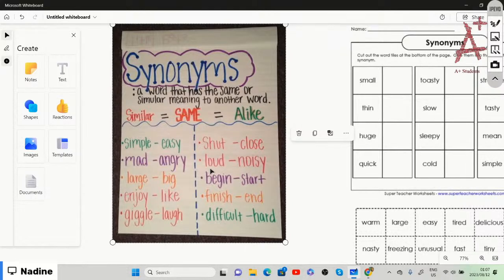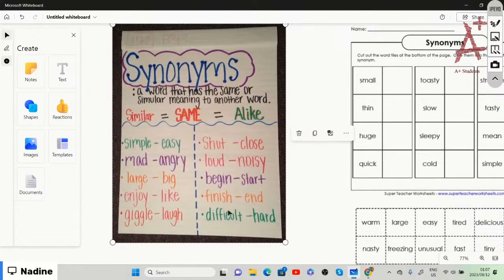Loud, like it's very loud in here. We can say it's very noisy in here. You can even say either we begin or we start, finish, end, or complete even. If something is difficult, we can even say that it is hard.